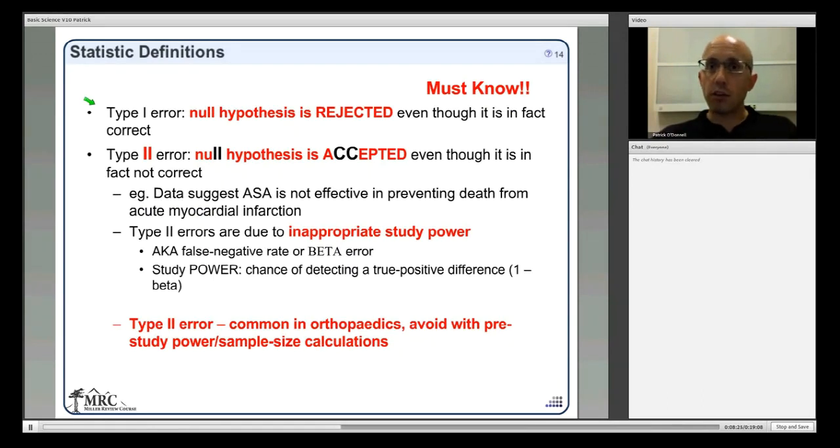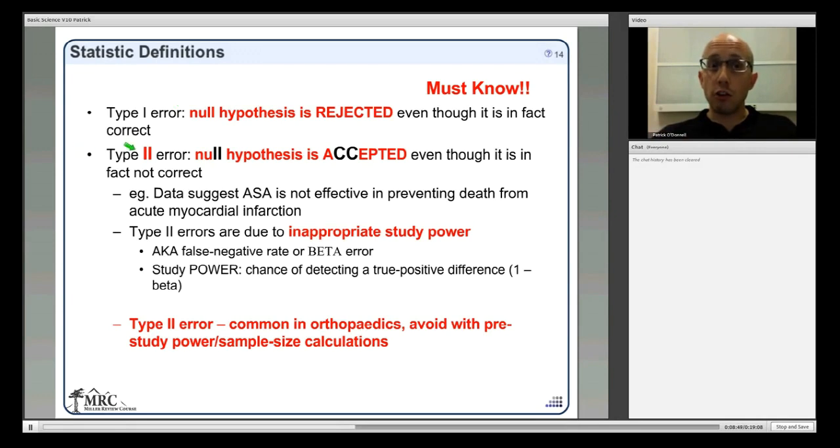One example of this would be to say, well, does chiropractic manipulation affect asthma? Our null hypothesis would be, nope, doesn't affect asthma. But what we can see is some of our colleagues in chiropractic medicine do actually believe that chiropractic manipulation affects asthma. So your null hypothesis is rejected, even though it is in fact correct.